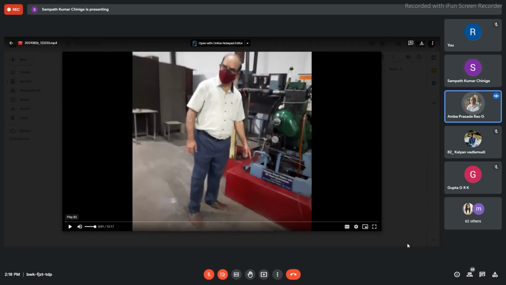How do you load the engine, whether mechanically, hydraulically, hydrokinetically, electrically or with eddy current, signifies the type of dynamometer. Here, the other end of the engine is connected to the dynamometer. For this particular engine, a DC shunt dynamometer is coupled to the crankshaft end. This green colored one you are seeing is the engine. The other components we will show.